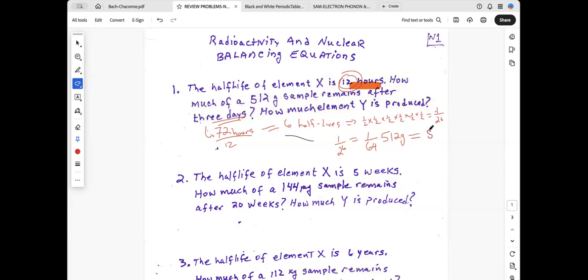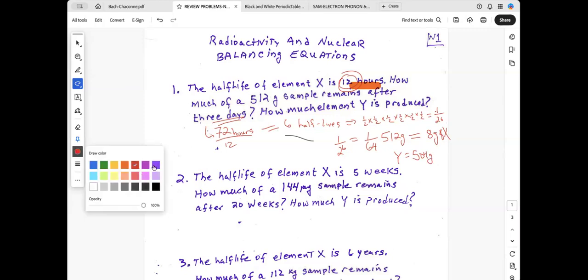So we have 8 grams of X. That means how much element Y, if it converts into Y? Well, we started with 512 grams, so there has to still be 512 grams on the table, but 8 grams are X. That means 504 grams are Y.